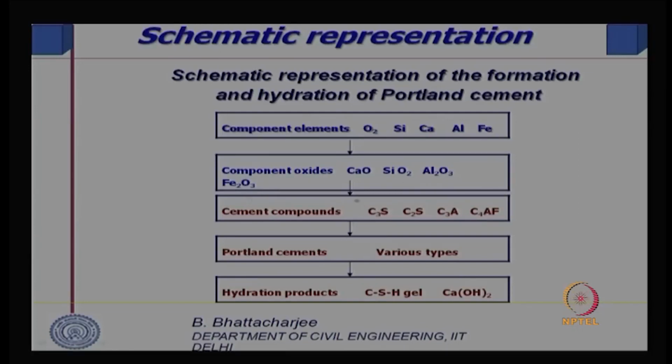Then this follows from the oxides the compounds of cement, and they are C3S, C2S, C3A, C4AF. All this combination gives us Portland cements of various type, and when hydration occurs in presence of water, it gives us two products CSH gel and calcium hydroxide. So far we have not looked into this.